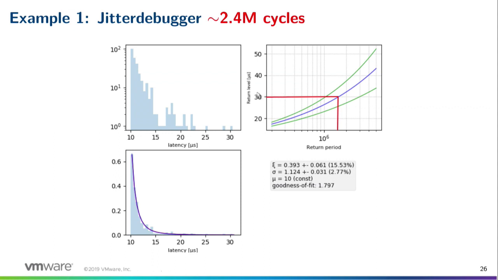So you just take this red line, then you find here that you should expect to observe such a latency, more or less 1.5 times 10 to the 6, which is 1.5 million, once every 1.5 million iterations of your cycle test.